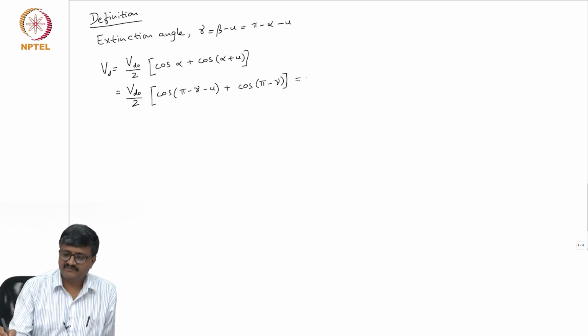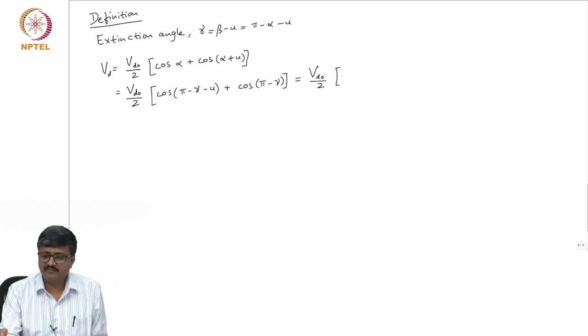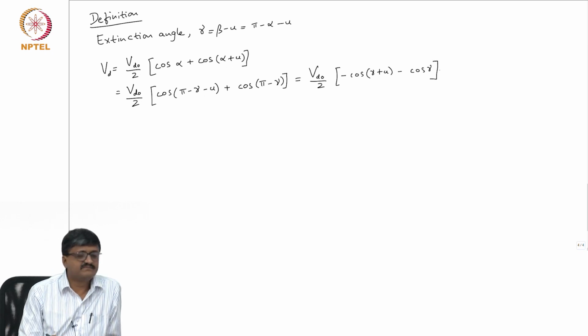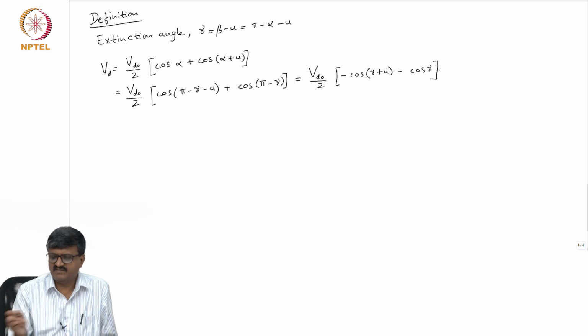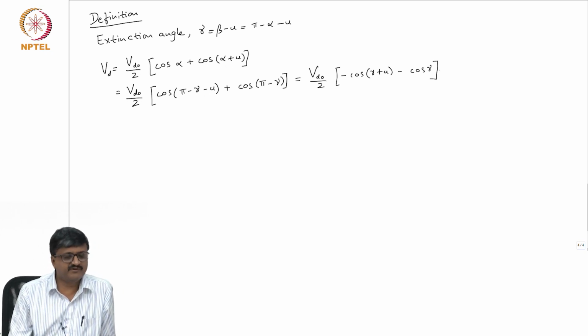That gives Vdo by 2 into minus cos gamma plus u, minus cos gamma. So this is just an expression in terms of gamma, u and Vdo, of course, instead of alpha, u and Vdo, that is all.